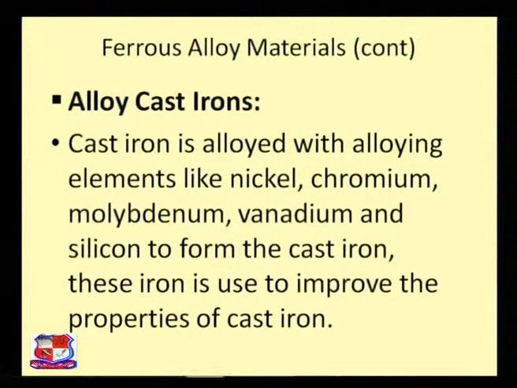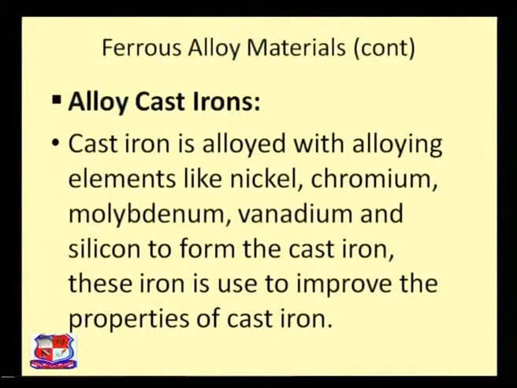So we also have to add some extra elements to that mixture of iron and carbon, because cast iron has only two major constituents, iron and carbon, but now we have to add extra elements, and those are nickel, chromium, vanadium, molybdenum, silicon, right.